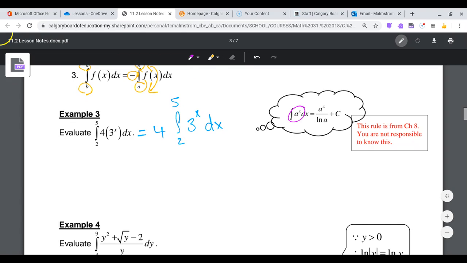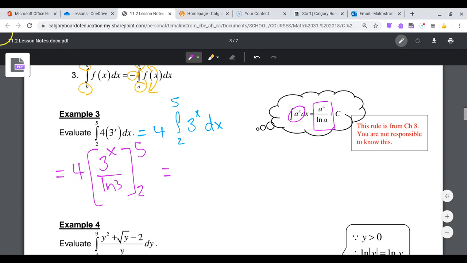A is 3, and so it tells me the antiderivative of that is a to the power of x on ln a. So I'm just going to write that out. I have my constant of 4, and a is 3, so 3 to the x on ln 3. And ln 3 is just an exact number, and I'm going to evaluate that from 2 to 5.